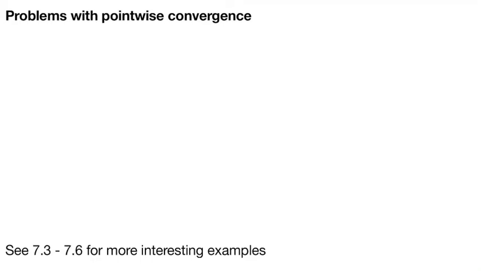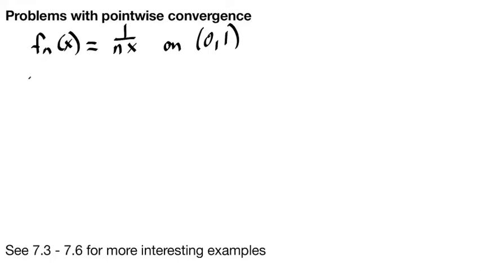So it turns out that this ends up being a little bit of a problem, and let me just give you two examples of this. One example is going to be the function Fn of x defined by 1 over n times x on the interval 0 to 1. So what's going to happen to this function?